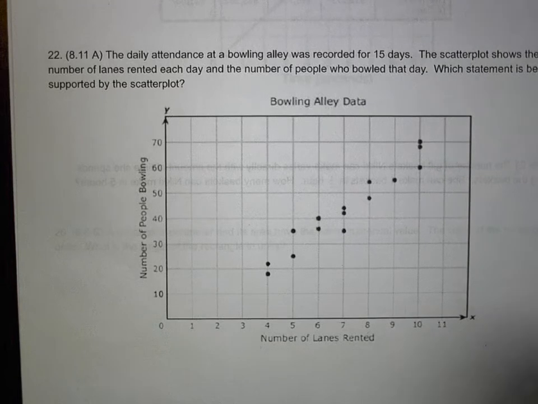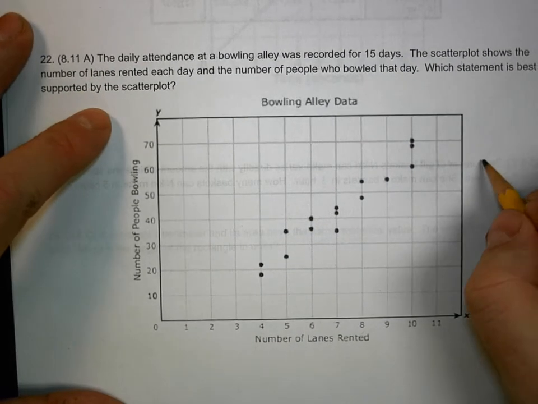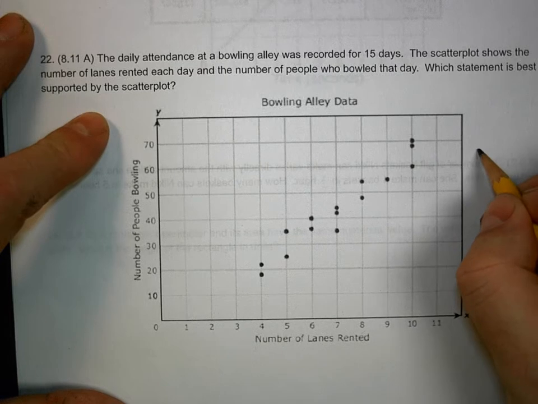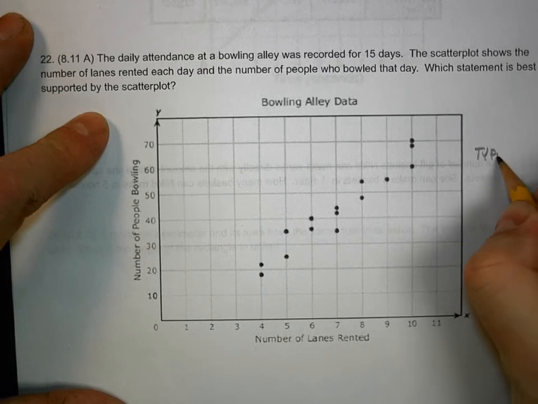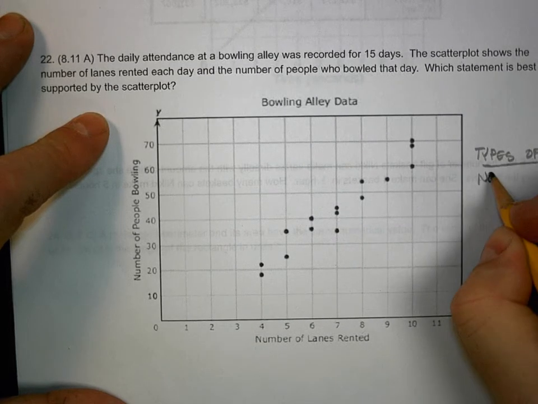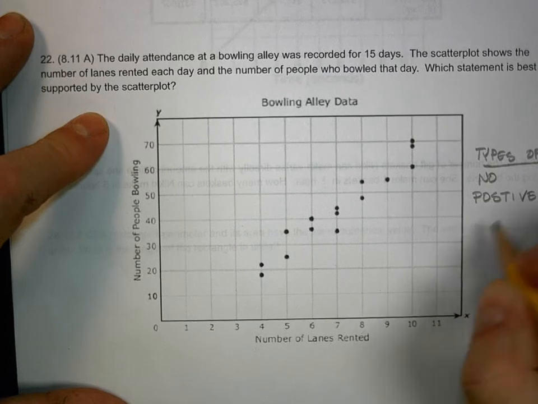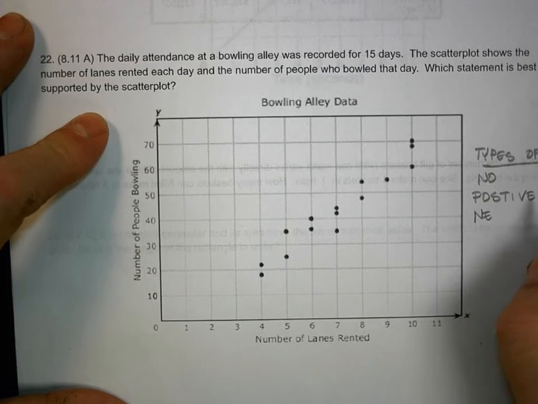So we're going to analyze our scatter plot knowing everything we know. We know that there are three types of association: there's none, there's positive, and there's negative. Positive rises to the right, negative tends to go down.